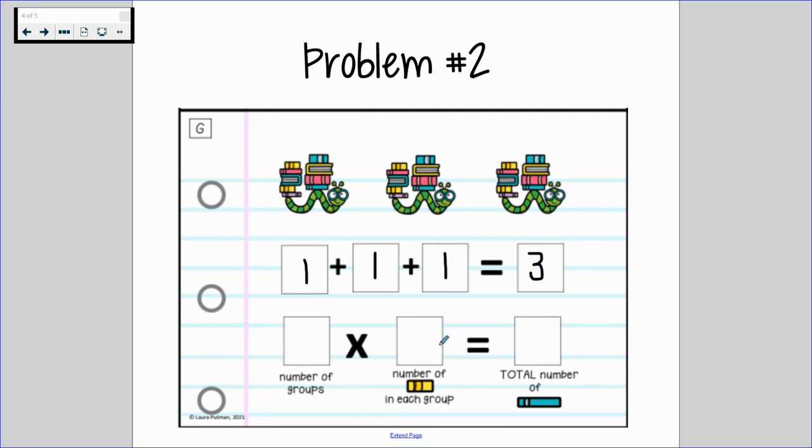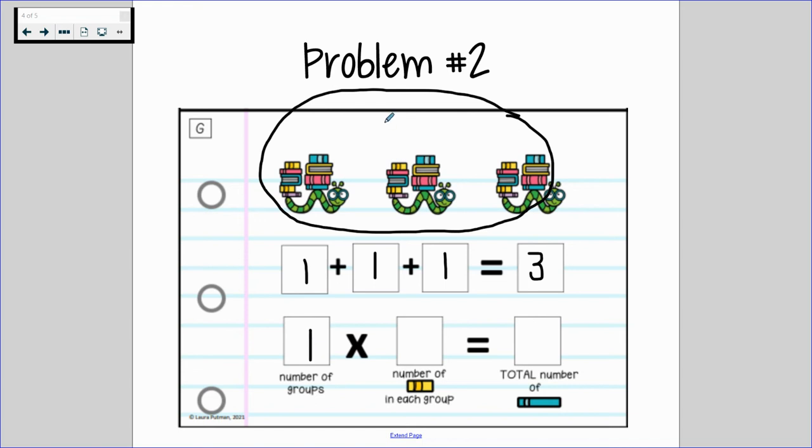I would then come down to my multiplication problem, and I would show this is one whole group times 3 bookworms inside of it. My answer would be 1 times 3. There are 3 total bookworms. Okay, so just adding those 3 bookworms up.